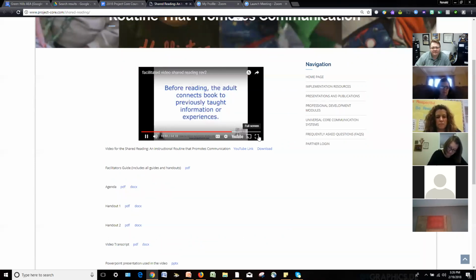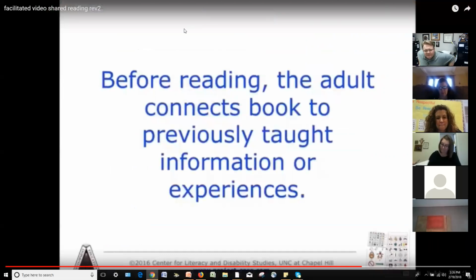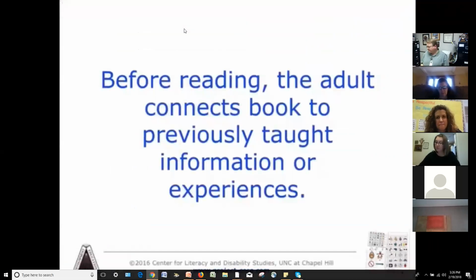Something that you have taught or students have experienced. Sometimes the connection is difficult, but if you are going to read, "I love all kinds of music," you might start by saying something as simple as, "I know you like music," or "This book is about music. Who likes music?"